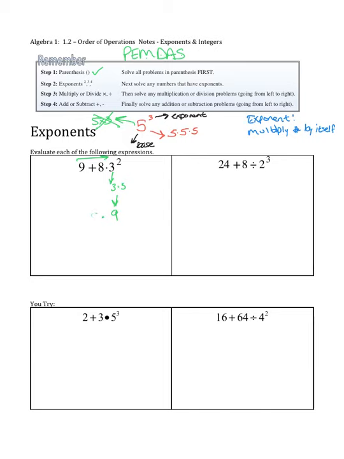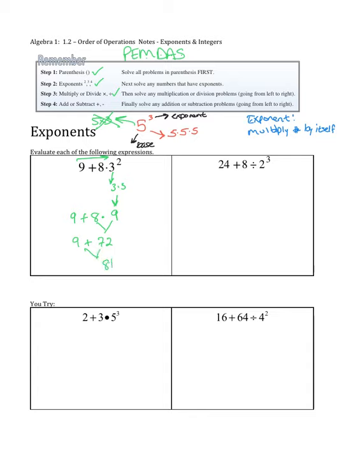It's 8 times this. There we go. So exponents are done. Multiply or divide. Even though we go left to right, you don't add those two. You don't add 8 and 9. You multiply. 8 times 9 is 72. So we check that off. The last step is to add them.